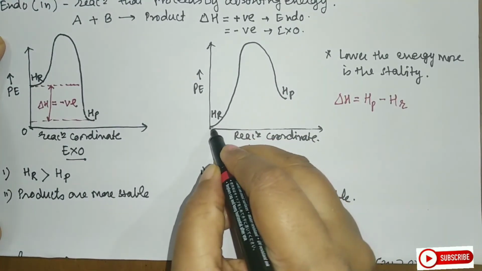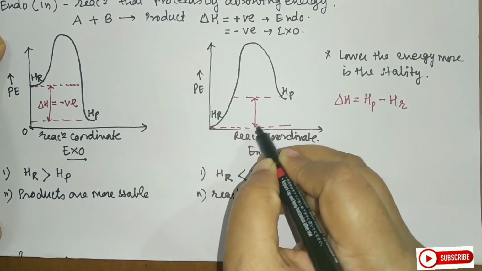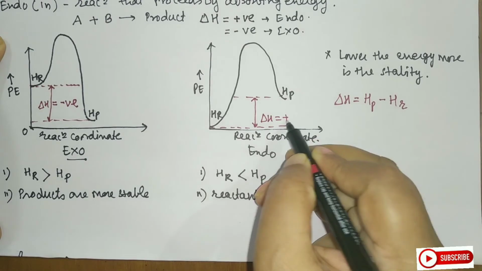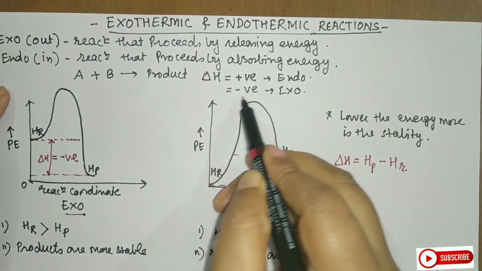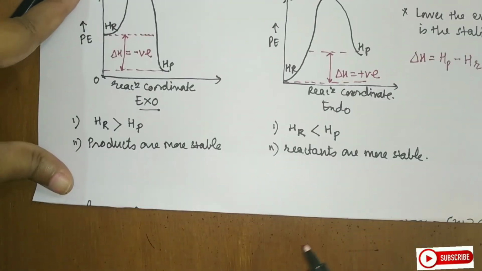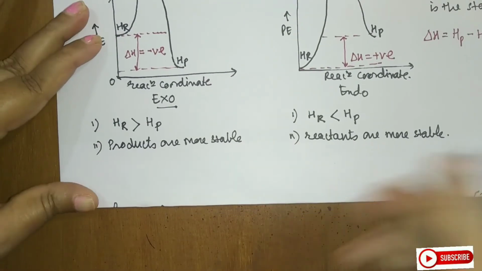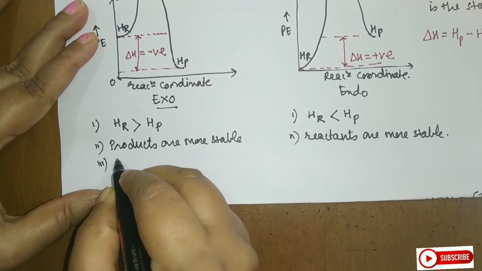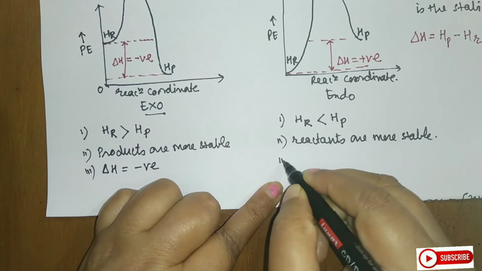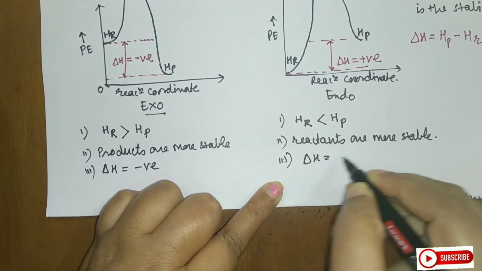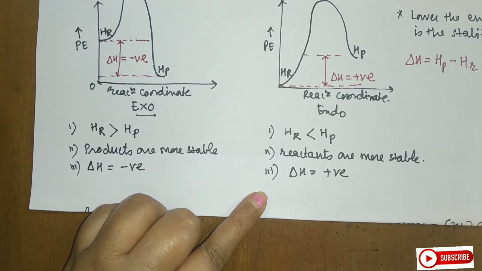While in the endothermic graph, this delta H value is positive. So this is why it is positive and negative. So the third point of difference between endo and exo is that here delta H is a negative value, while here delta H is a positive value for an endothermic reaction.